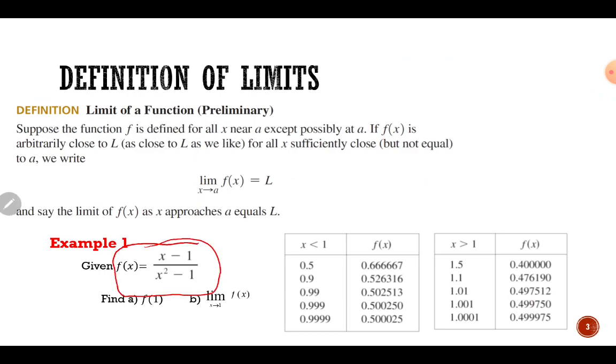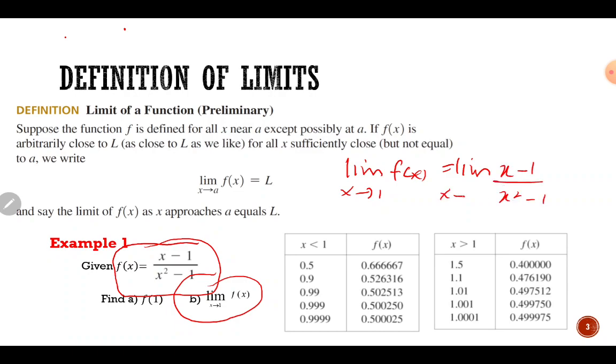We have a function of x minus 1 over x square minus 1 and we find, kita dah ada jawapan pun sebenarnya, limit f(x) as x approaching 1. Saya nak you all kira guna cara yang kita dah discuss dalam example 10 tadi dan buktikan you dapat jawapan sama macam yang dalam slide hari sebelum ni yang kita discuss example 1 ni.